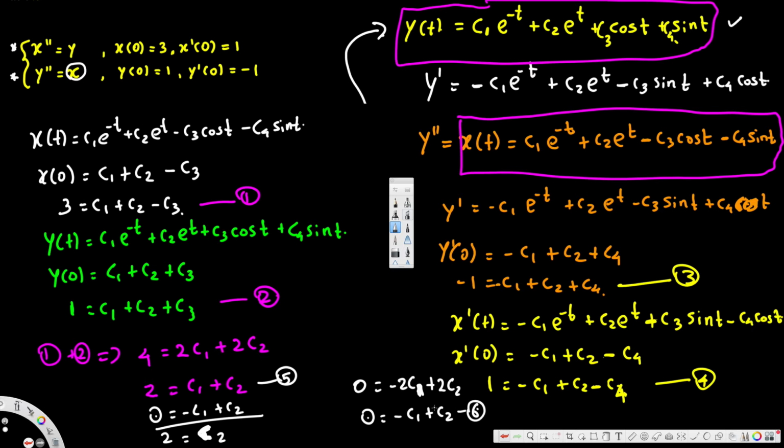Okay, let's double check. I made a mistake here. From this one we can say 2c2 is equal to 2c1.